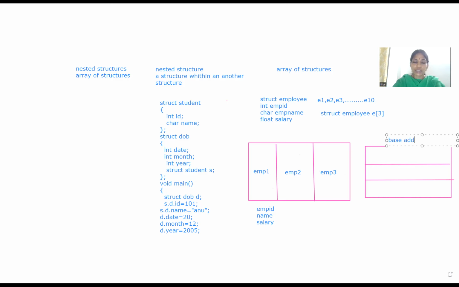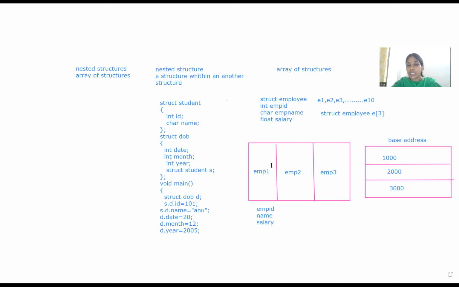So this is the first. Suppose this is the address 1000, the memory block address is 1000. This is 2000. For understanding purposes, I am taking the memory base addresses as 1000, 2000 and 3000.